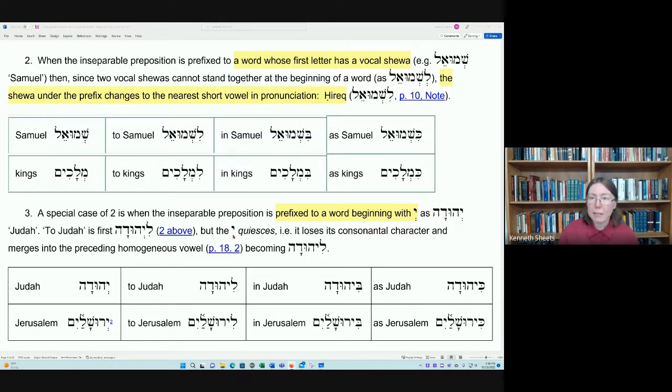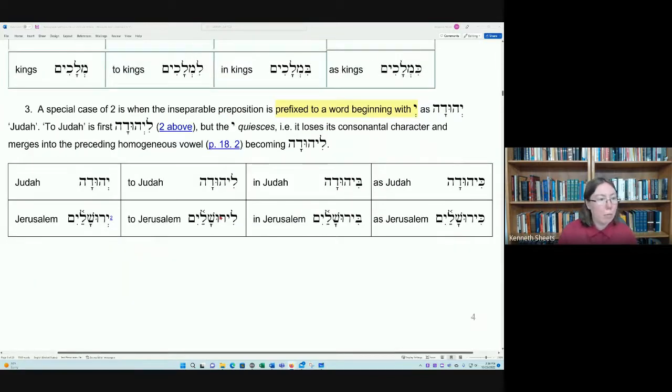And that brings us now to where we were when we stopped last week. We were taking a look here at number 3, a special case of number 2. That is this idea of the simple vocal schwa underneath the preposition changing to that hiriq.